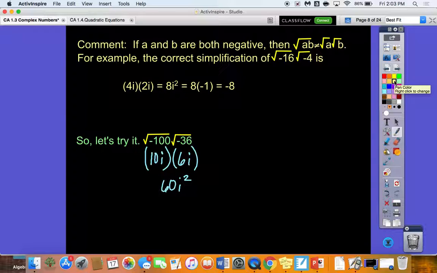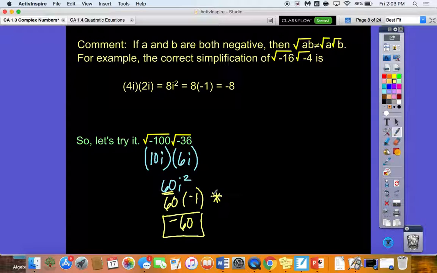So we've got to fix that. Now what we learned a while ago in our cycle of i is i squared was -1. So substitute them out, and that gives me a -60. Now the quick way to do it is just know that i squared will always change the sign of this number every time. So we're probably not going to write this line. We're just going to know that it changes the sign.